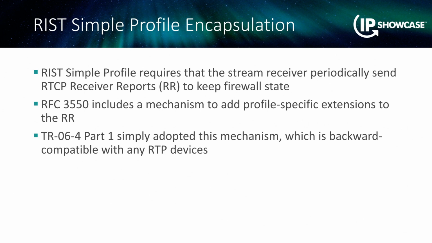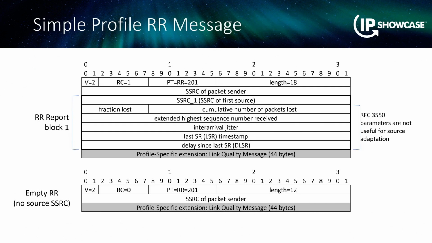One of the things that the RIST AG's chairman says is the Lego approach. If there's a piece that you can use, you just use that piece. So we just make a compliant extension of the receiver reports. So this is how it looks. This is a receiver report. This is an empty receiver report.